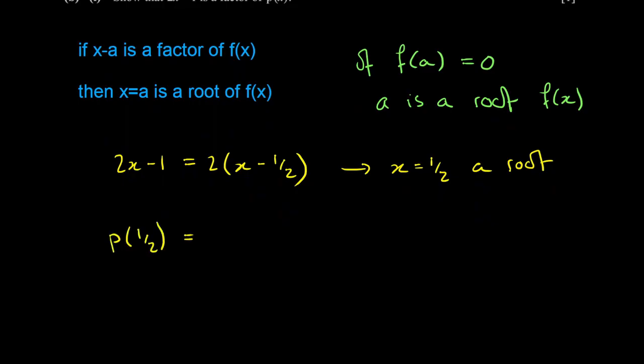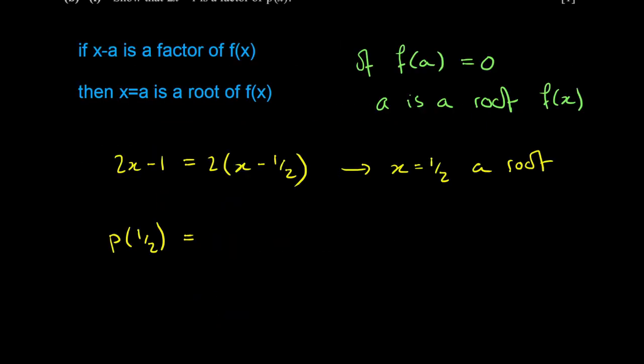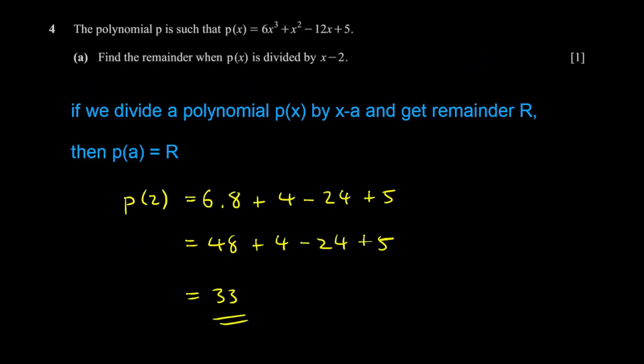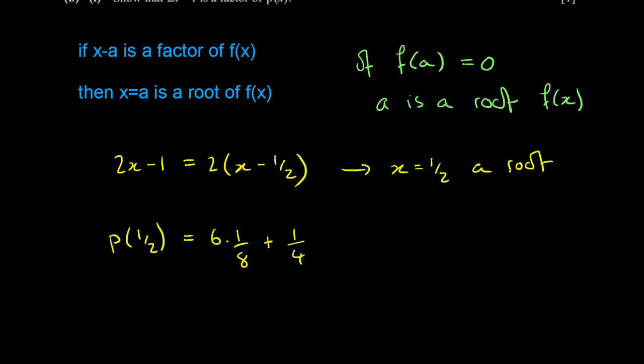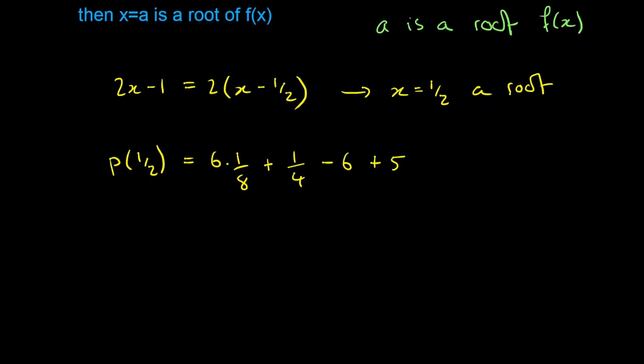So let me find out what the function was. It was 6x cubed plus x squared minus 12x plus 5. So we've got 6 times a half cubed, which is an eighth, plus a half squared, which is a quarter, minus 12 times a half, so that's going to be minus 6, plus 5. 6 upon 8 is 3/4, 3/4 plus a quarter is 1.